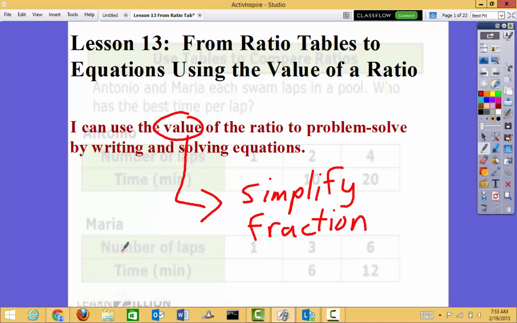So remember, if this was my ratio 3 to 6, I would rewrite it as a fraction, 3 to 6, and then I would simplify. So what can I divide the top and the bottom by? Well, I can divide the numerator and denominator by 3, and I'll reduce it to 1/2. Alright, so let's continue.